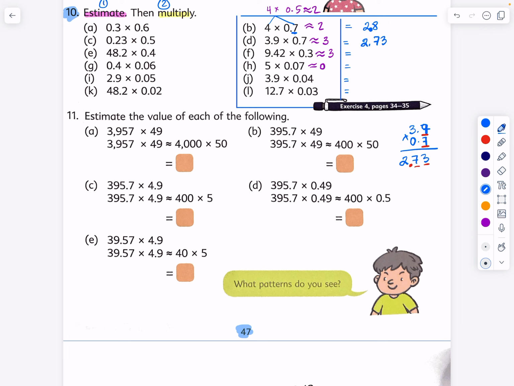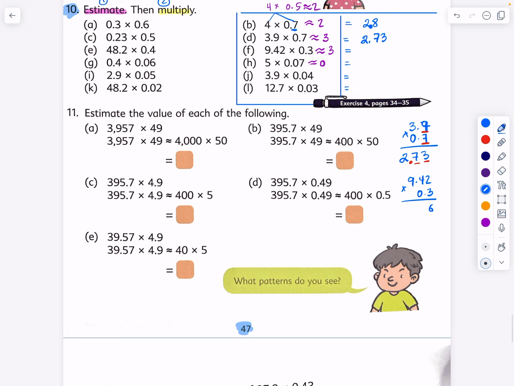Now, F, 9.42 times 0.3. Let's go. 9.42 times 0.3. Notice how I stack it up. Step 1, let's first compute without worrying about the decimal places, just to get our digits correct. And we have 6, we have 2, correct, and then we have 2 and 8.